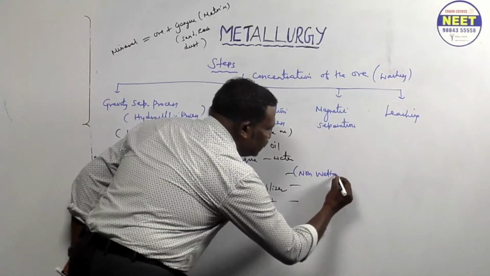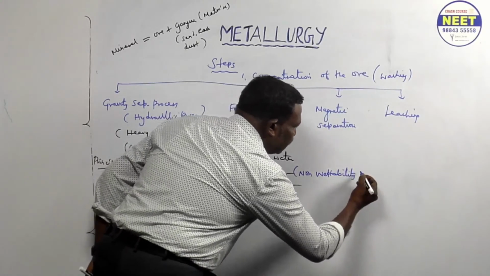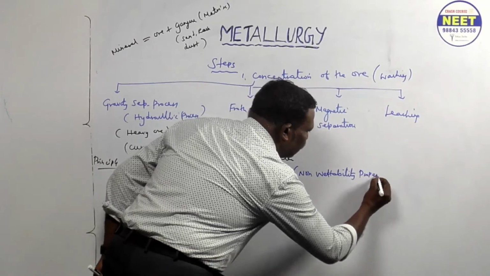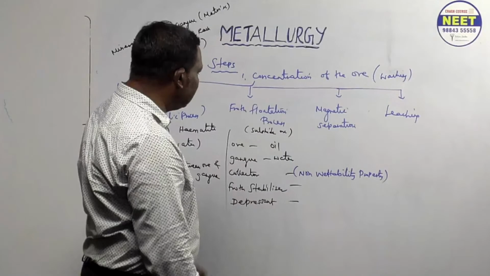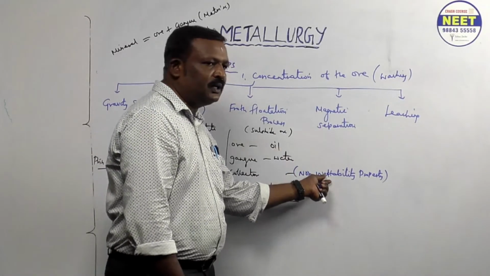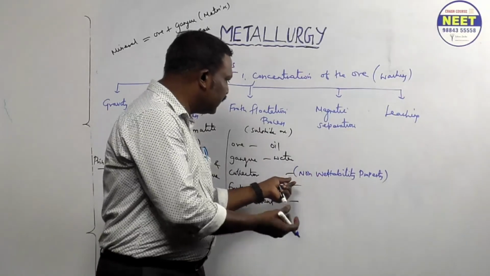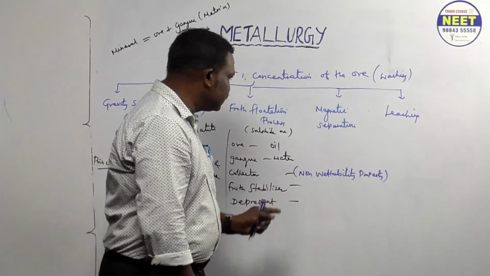This is given in your textbook. That's the purpose for adding collector: it helps the ore to become non-wettable, or to become dry. That property is given by what? Collector. Understood?